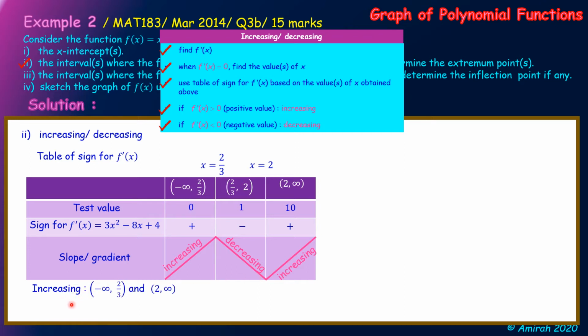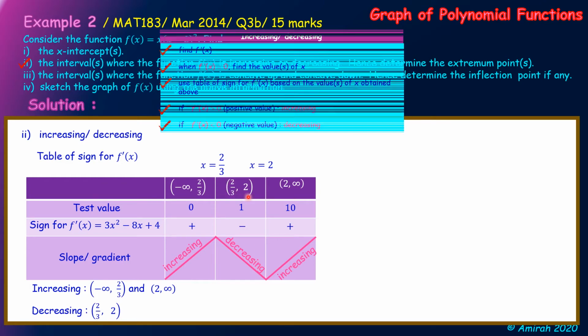So we can write that it is increasing from negative infinity to 2 over 3 and from 2 to infinity, and decreasing on 2 over 3 to 2. This is the interval, so it is decreasing between 2 over 3 and 2.